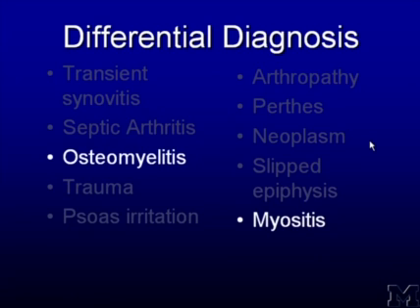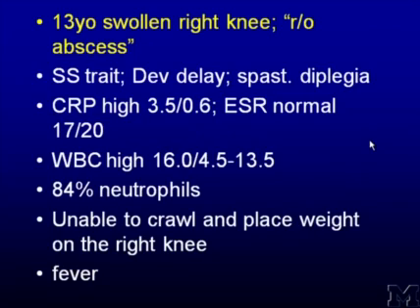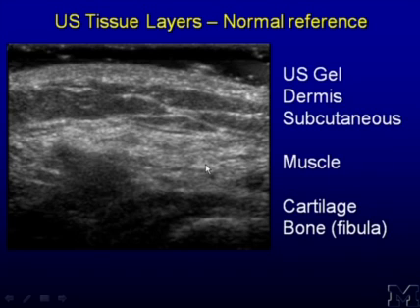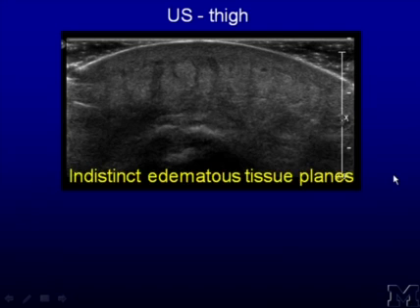You can also see cases where there's more of a myositis again, or an osteomyelitis. This is a child, now we're moving to the knee a little bit, but the principles are the same. And you can see in musculoskeletal ultrasound you have your normal layers that we're all familiar with.